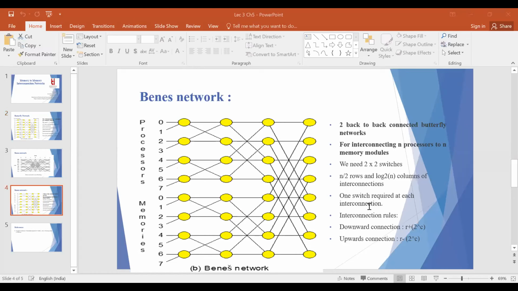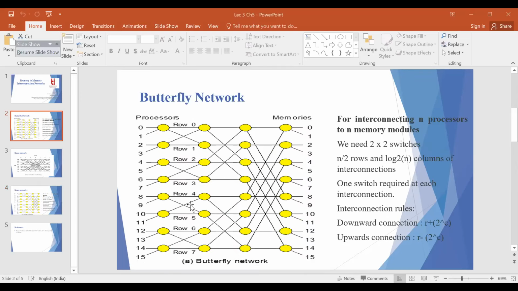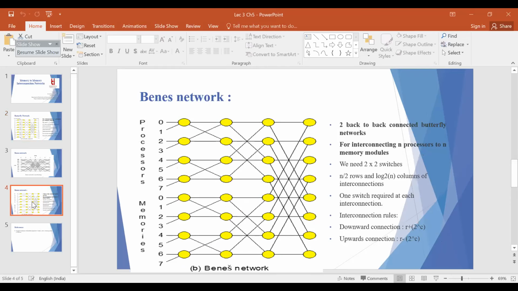Now, if you can just see between your butterfly and Beans network, can you see some correlation? Just see the butterfly. This is your butterfly network, and this is your Beans network.